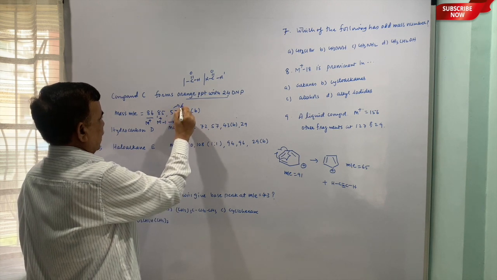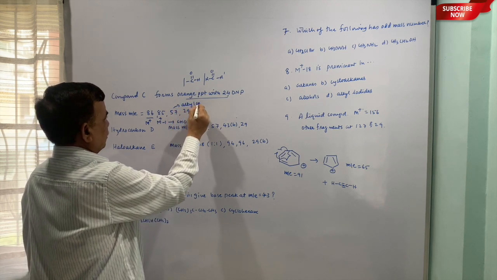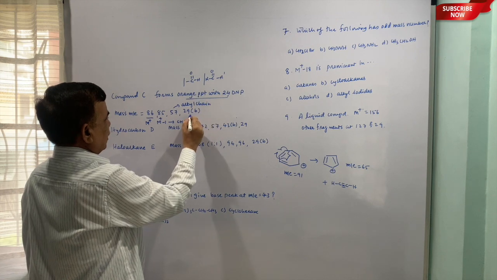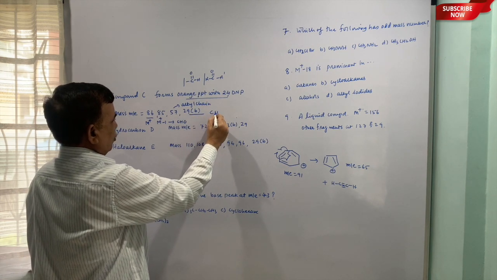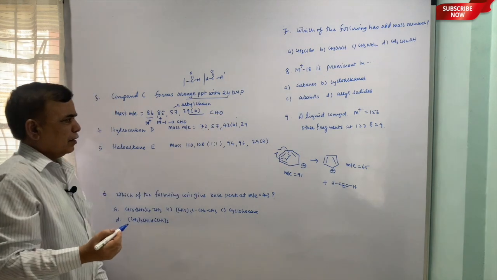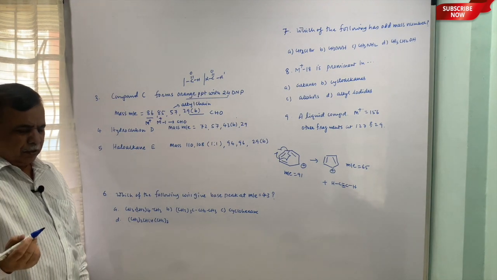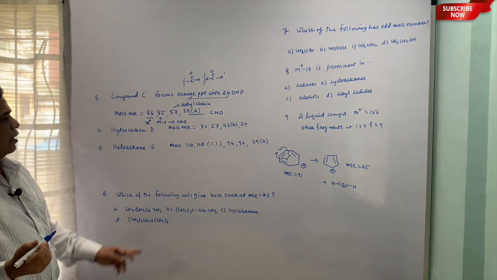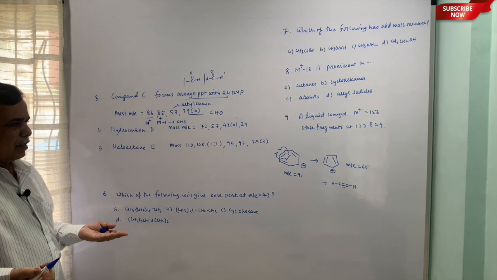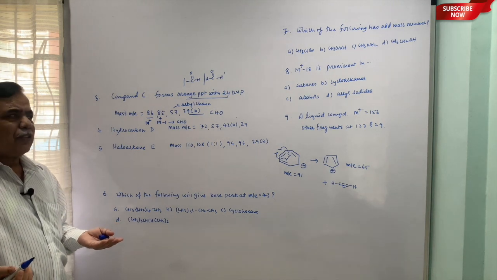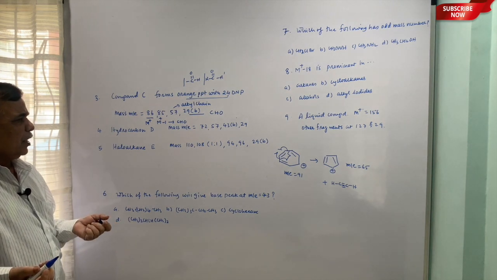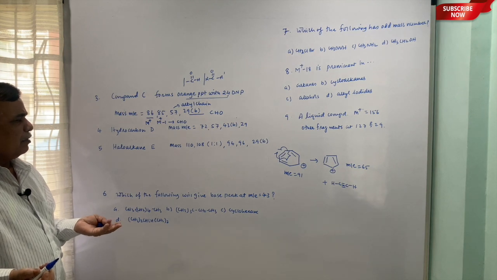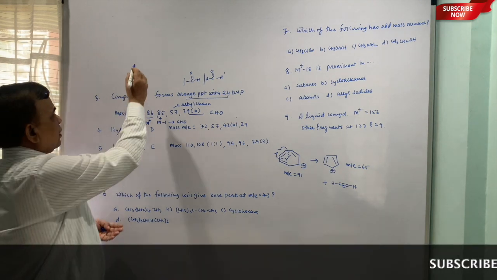This may be alkyl chain. This looks like CHO of an aldehyde. So we have to put the structure in such a way that the mass is 86, M plus minus 1 is a characteristic of aldehyde, and 57 may be the carbon chain.